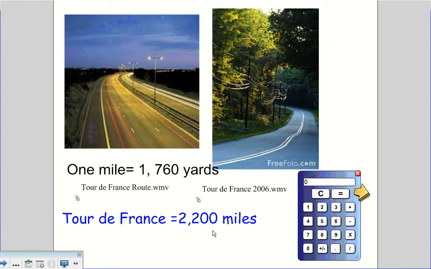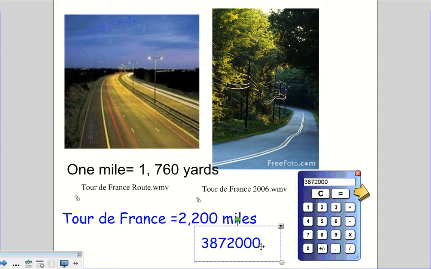All we have to do is multiply 2,200. Let's go ahead and do it now. Multiply that by 1,760. Equals, whoa! Now that is one big number.